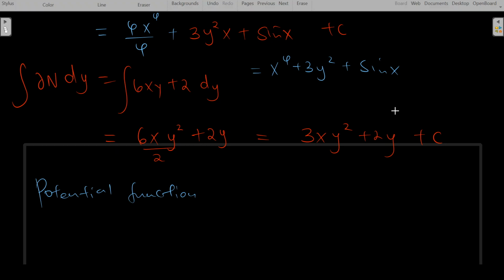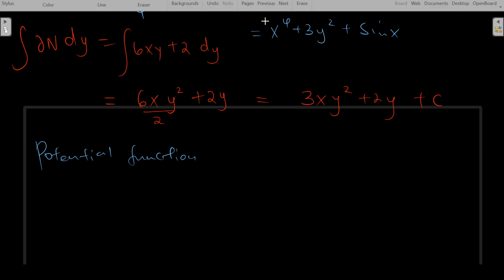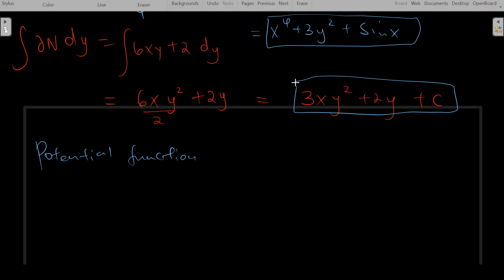Now having this part, and again having this part, we should write all these terms once only, so for us to get our potential function. So our potential function, let's start with x to the 4th, then add 3y squared, then maybe let's add this.